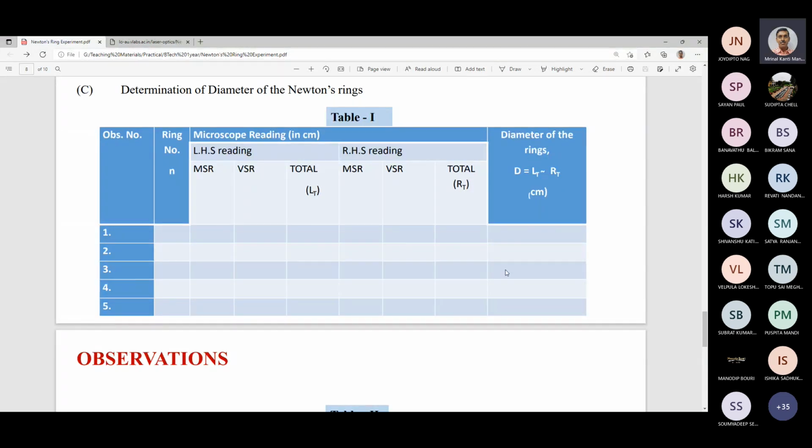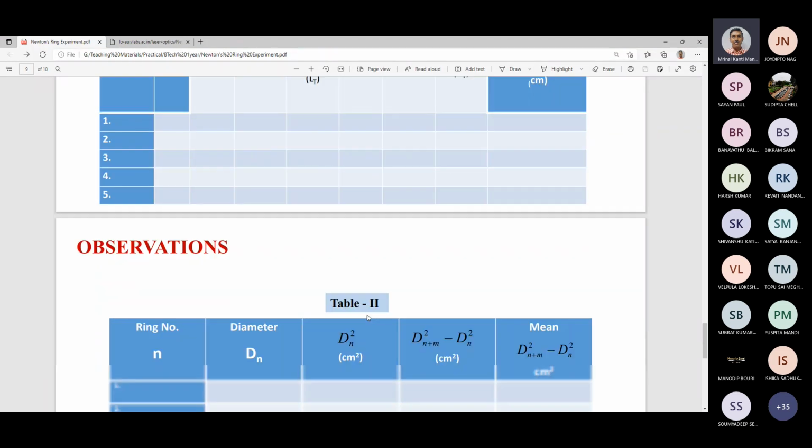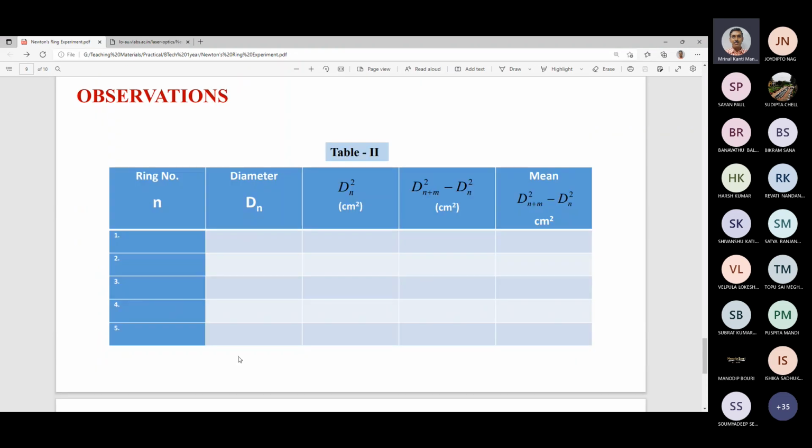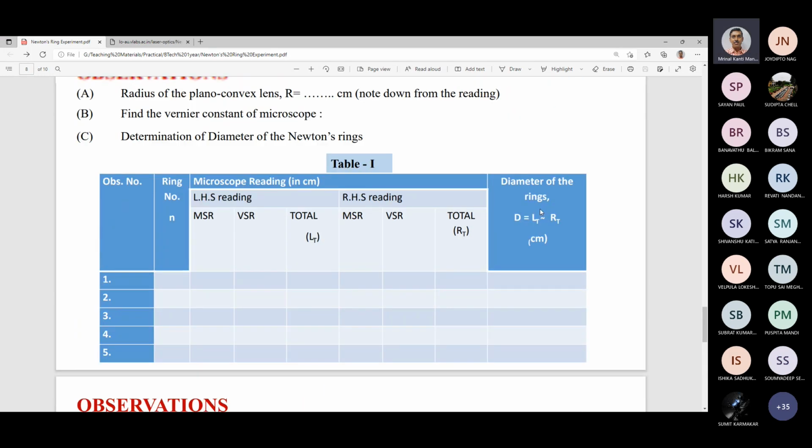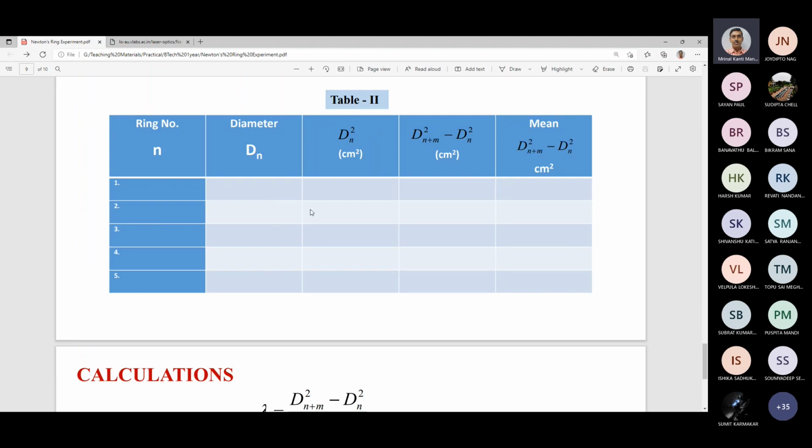Now you see, you have calculated the diameter. That is, from the second ring you have considered D2, D3, D4, D5. You put the diameter here, right? And here you put the ring number, the N value, that is 2, 3, 4, 5 like this, right? And the mean diameter, or only the diameter. Then you calculate Dn square. You take the square of this column.